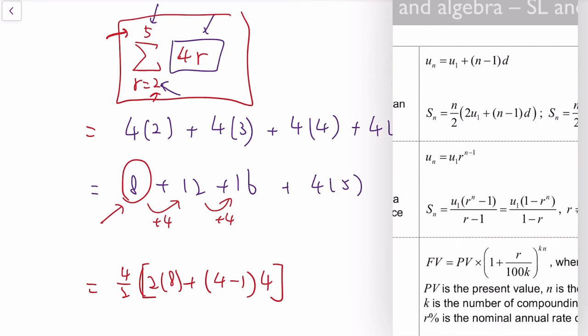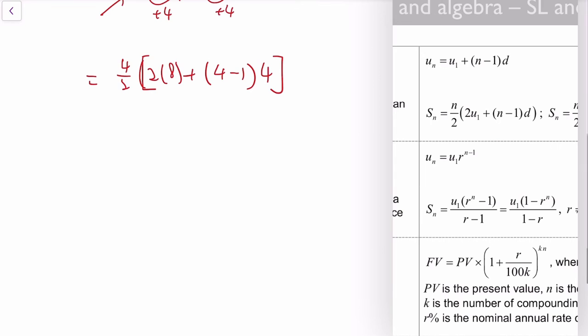Now, it is important for you to list out the first 3 numbers to check what type of sequence it is. Sometimes it's pretty obvious. This one is arithmetic. Let me give you an example where it would be geometric.